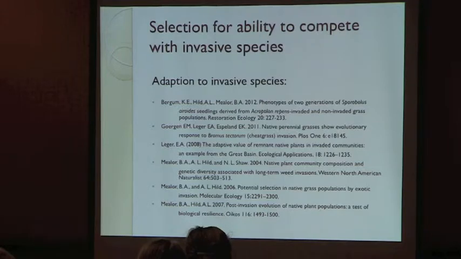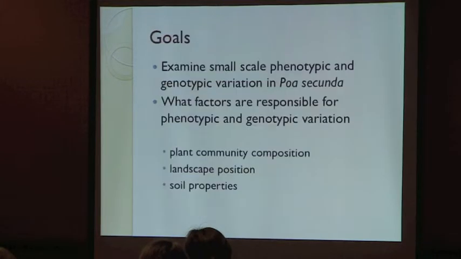So it's only been like 100 years or so, at very most, that the native communities have been exposed to weeds, and it's interesting that in that short amount of time, we could potentially have these evolutionary events occurring to make them more resistant.